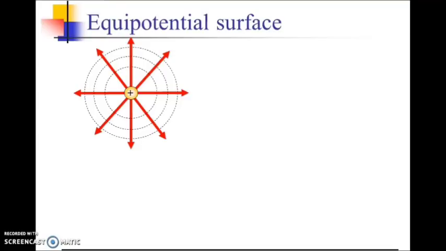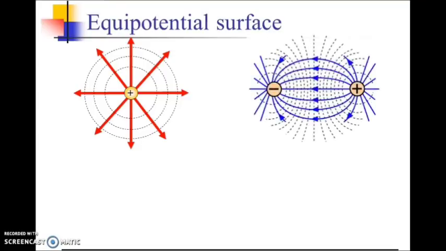Now let's look at another configuration of charges. This is the well-known dipole, where you have two opposite charges, plus and minus. The blue lines here represent electric field lines, and the dashed lines again represent equipotential surfaces. Again, this is a cross section, so we're looking at a two-dimensional picture.